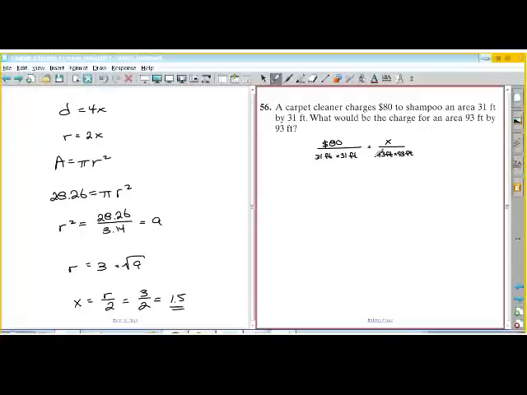The rule is that when you have a pure ratio like this, if you have something in the denominator on one side, you can move it to the numerator on the other side, as long as you're multiplying. What I'm trying to do is solve for x. I want x by itself. It's not by itself because of the denominator. So I'm just going to move this from the denominator on the right-hand side to the numerator on the left-hand side.